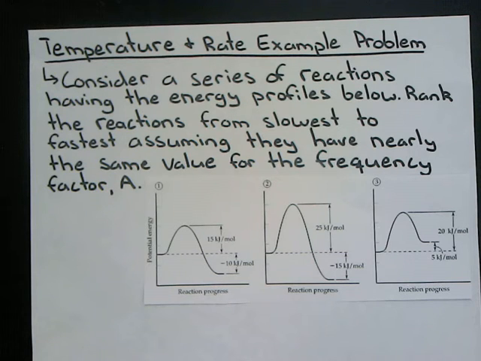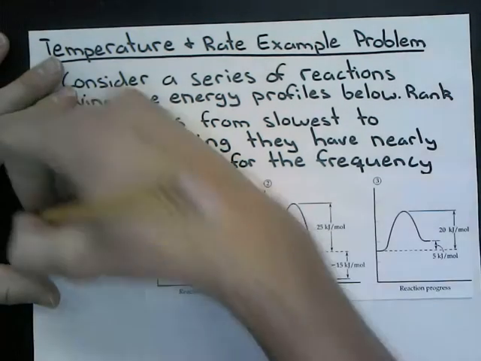We want to know, what order do the reactions go from slowest to fastest? First, how do I determine the slowest versus the fastest? The slowest reaction is going to have the greatest activation energy.